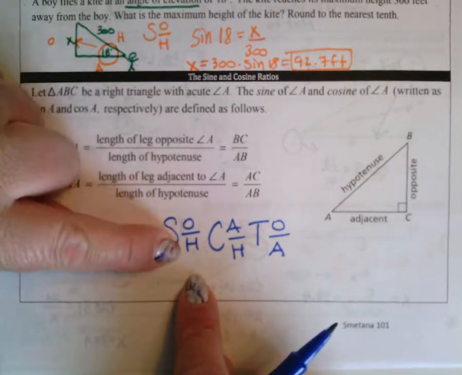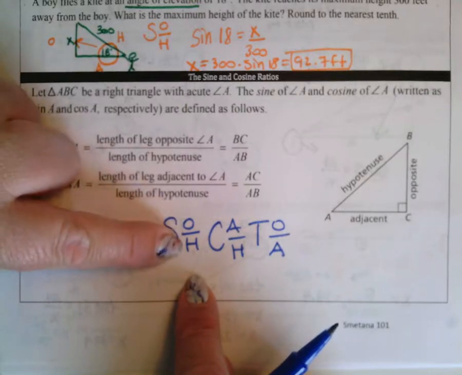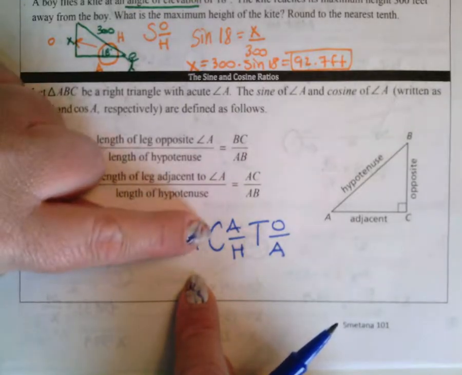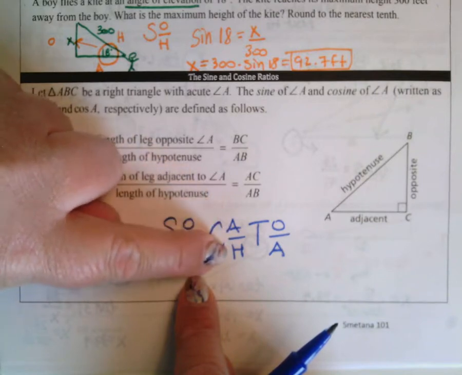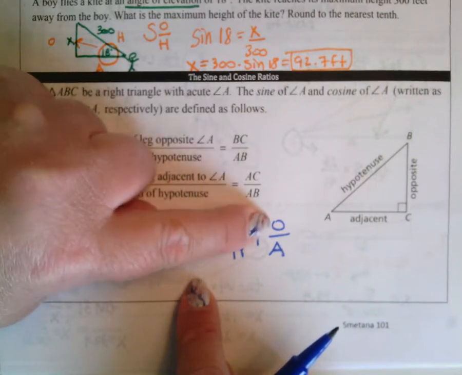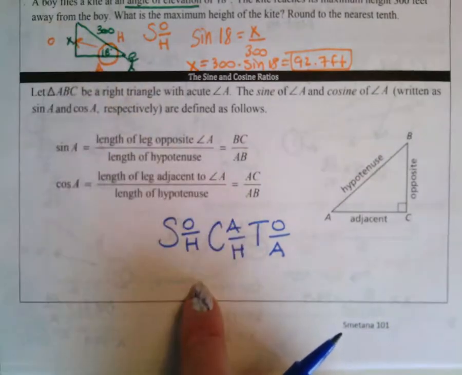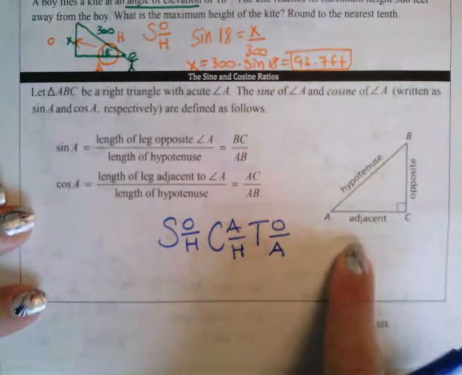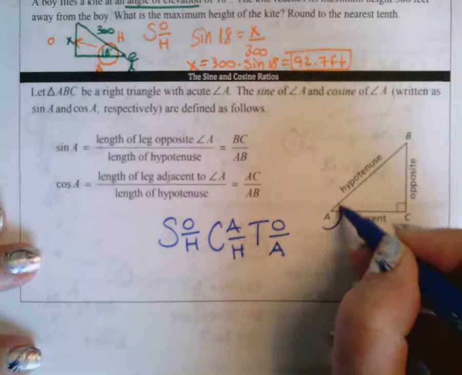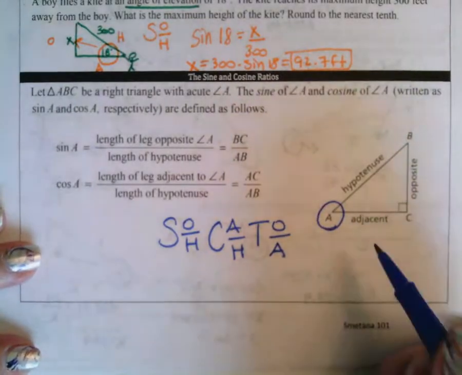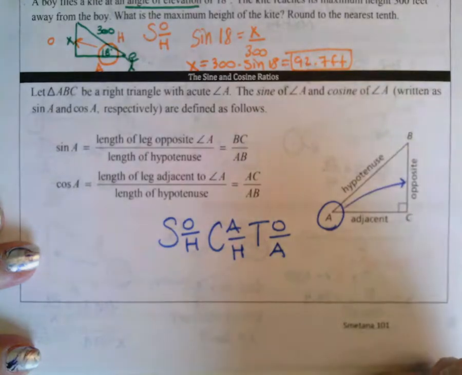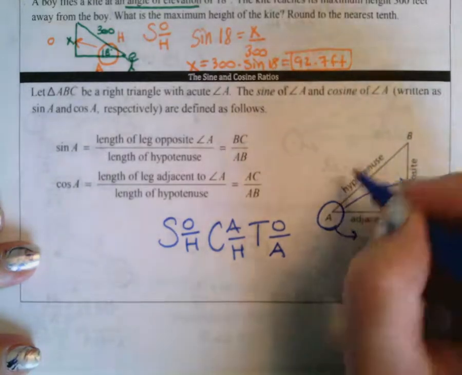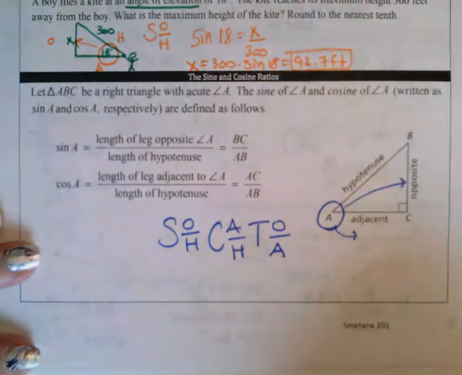So sine, opposite over hypotenuse. Cosine, adjacent over hypotenuse, and tangent, opposite over adjacent. When they're referring to this, it refers to the specific angle. So right now they're talking about angle A, and the opposite side being all the way across, the adjacent side, and then the hypotenuse.